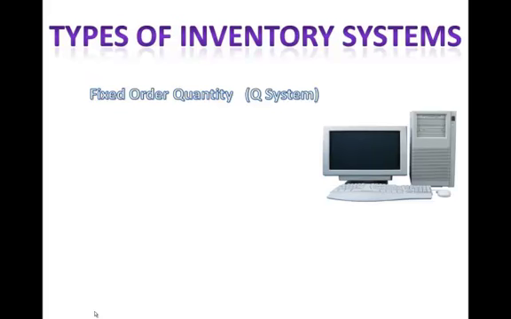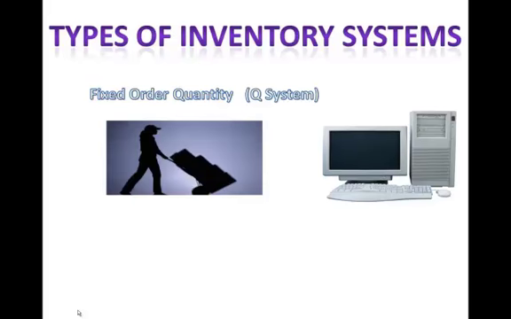In an EOQ system, we always assume that we have a perpetual or a running inventory system. So we always know at any time how much stock we've got on hand. And whenever there's an inventory withdrawal, our inventory is updated. We call this system as being event triggered.